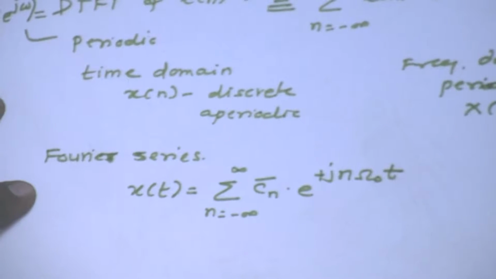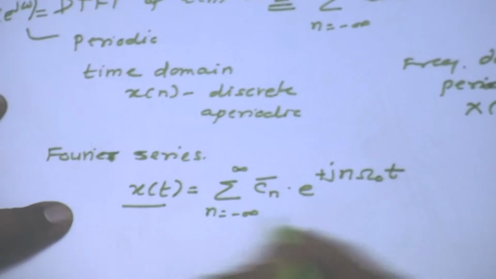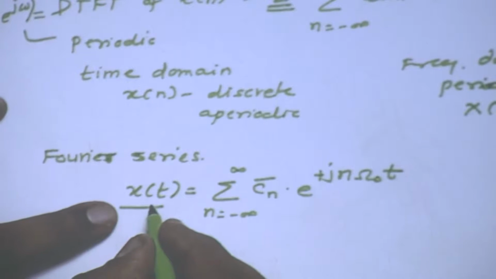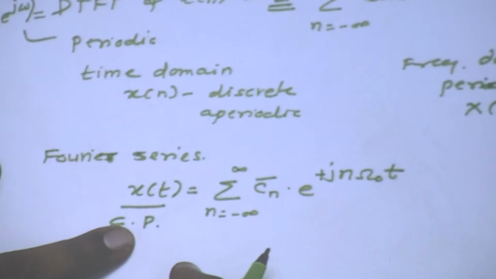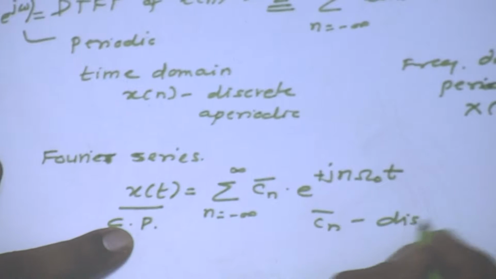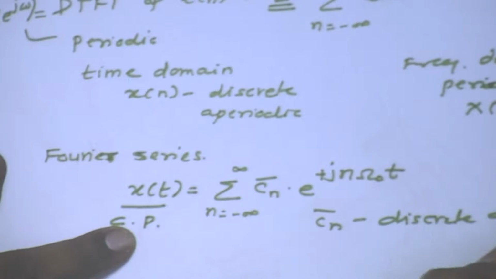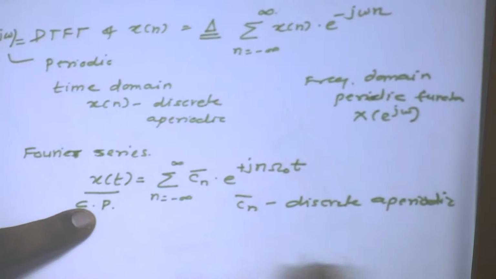The only point is the time domain is continuous and periodic. CP stands for continuous and periodic, whereas C_n bar is discrete and aperiodic.